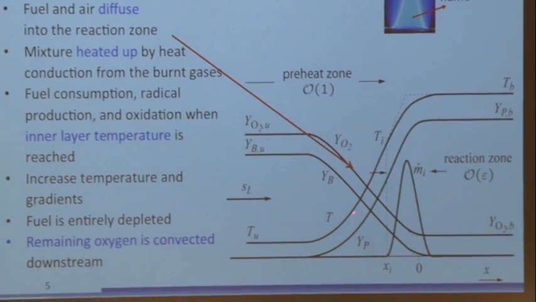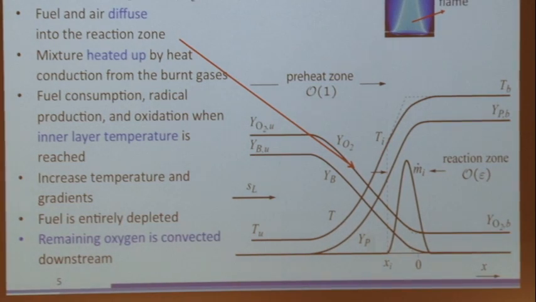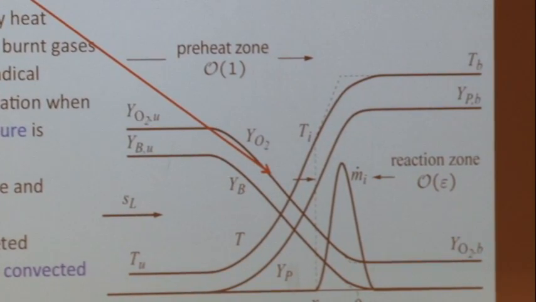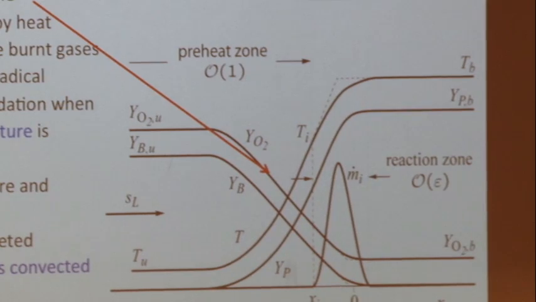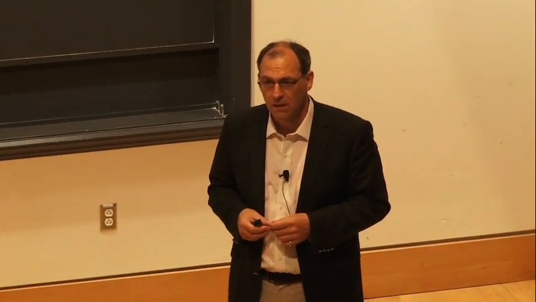Okay, so then you heat up the gases up to a point where they can ignite, where the temperature is high enough that you have chemical reactions. This is what's called here the ignition temperature. We'll see later on when we talk about one-step chemical kinetics, you can imagine one-step chemical kinetics.